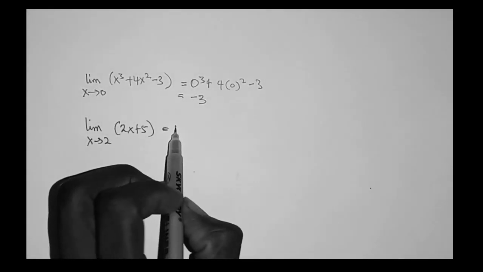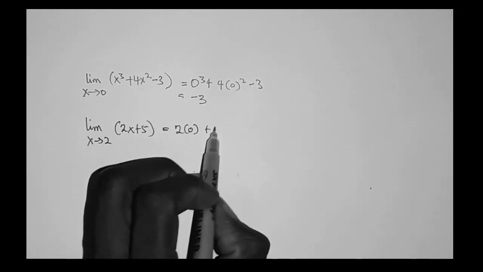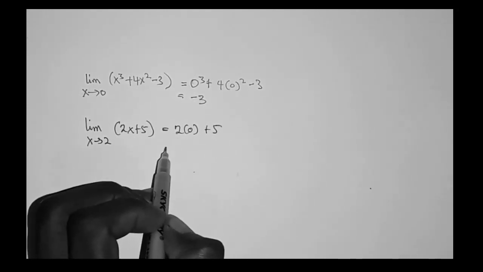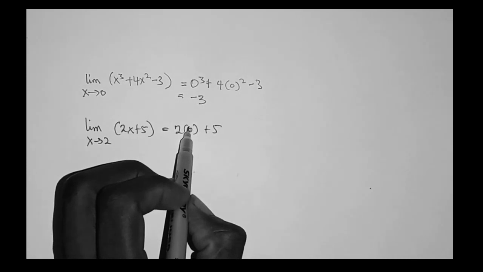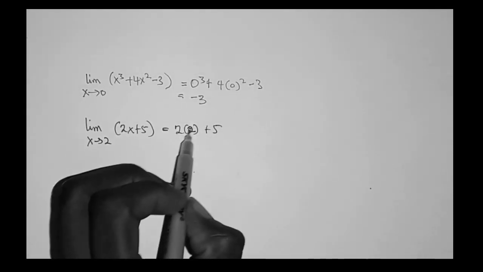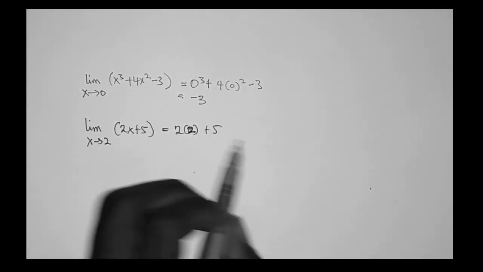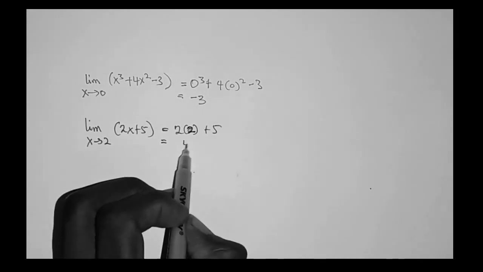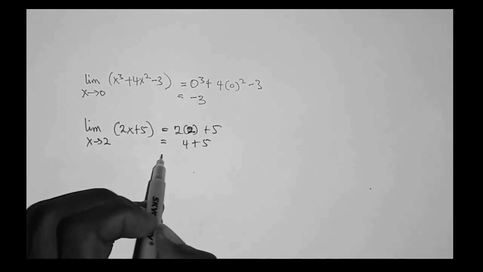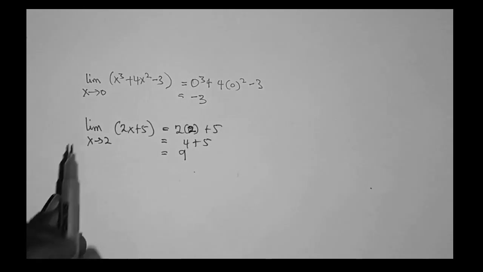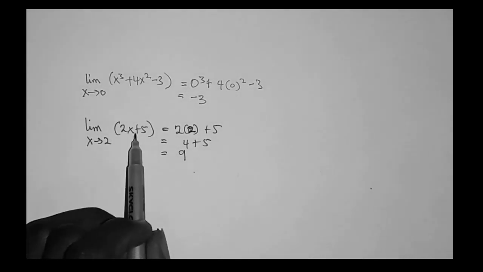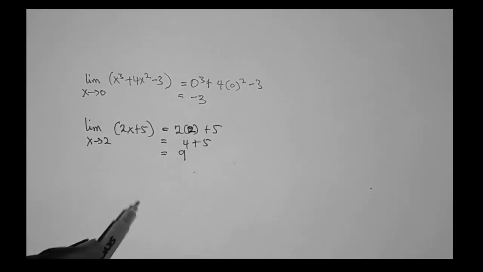So this is equal to 2 times 2, because x approaches 2, plus 5. That is 4 plus 5, and 4 plus 5 is 9. So the limit as x approaches 2 of this function is 9.